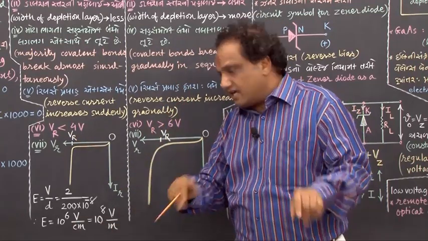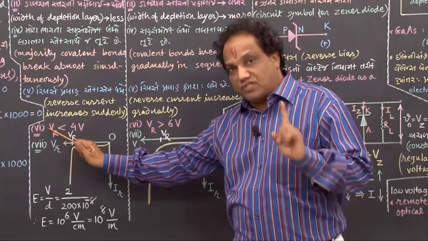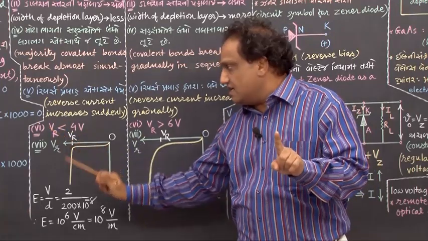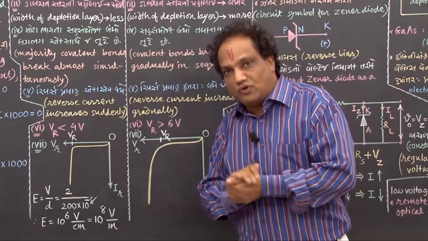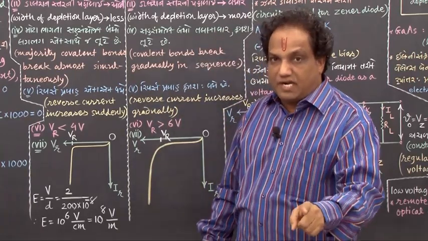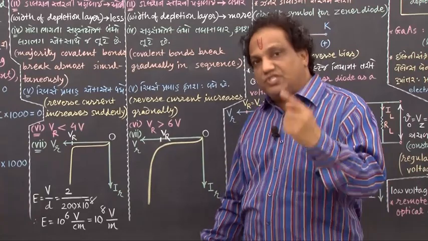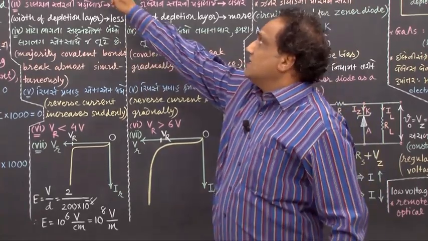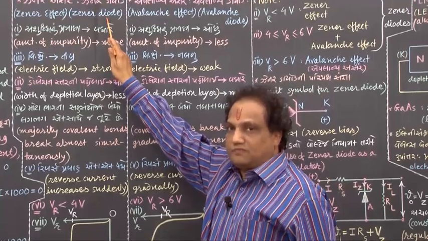For the Zener effect, that reverse breakdown voltage is less than 4 volt. A PN junction diode in which breakdown occurs through the Zener effect is known as a Zener diode.